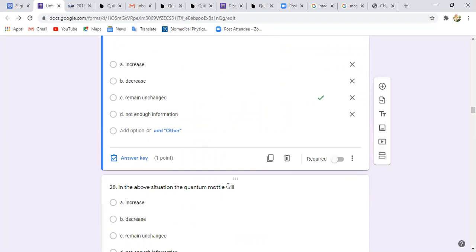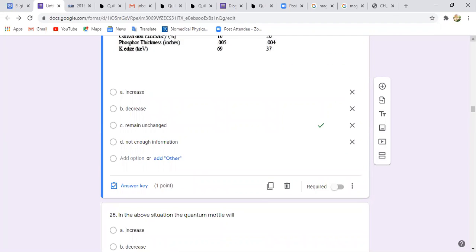Just take the quantum mottle as the quantum noise. Of course, we have so many types of noise. Here, we are looking at the quantum noise.